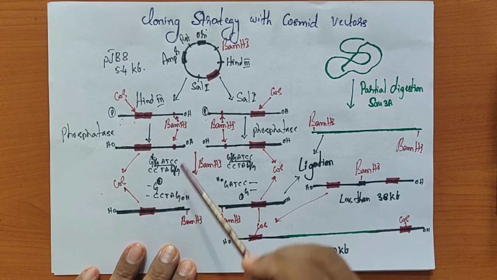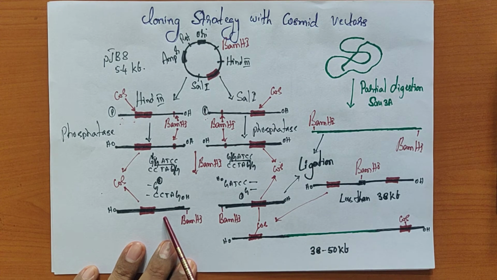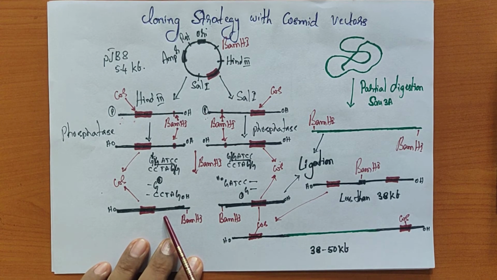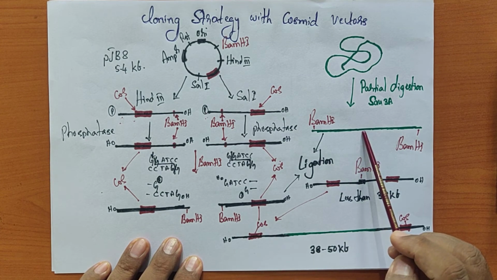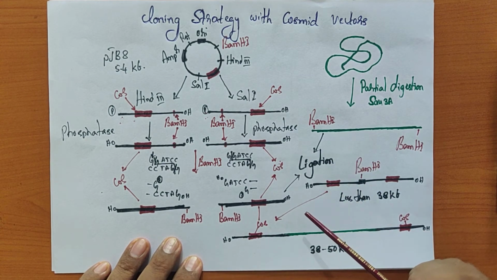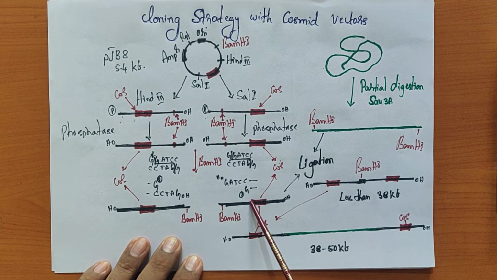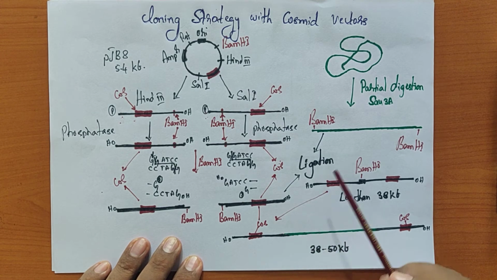So now you take this treated, linearized cosmid vector, and with this particular fragment, we are going to do the ligation. So we need this fragment, we need this fragment and we need this fragment. We combine them together and start the ligation process. Now two things can happen.